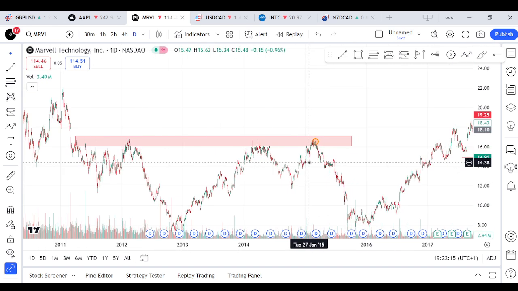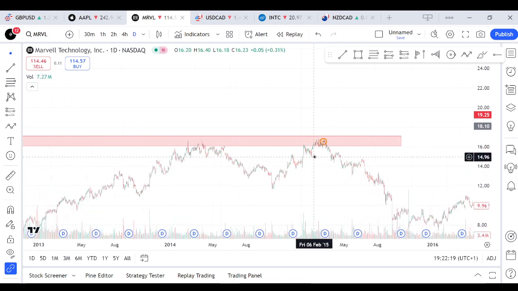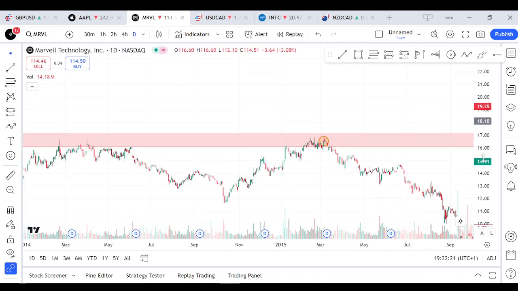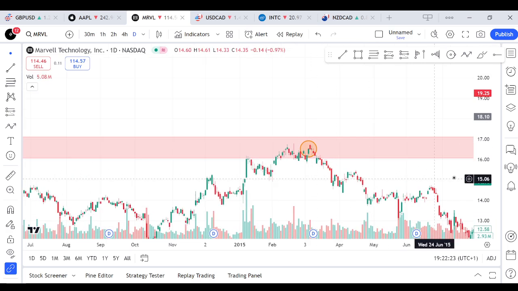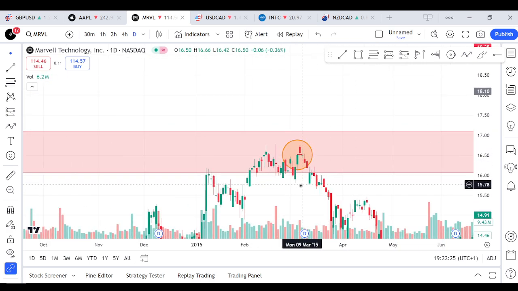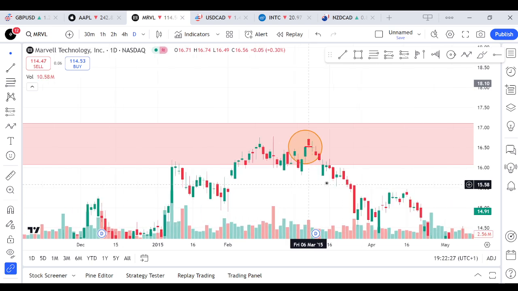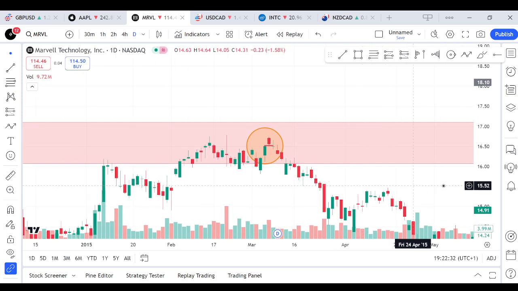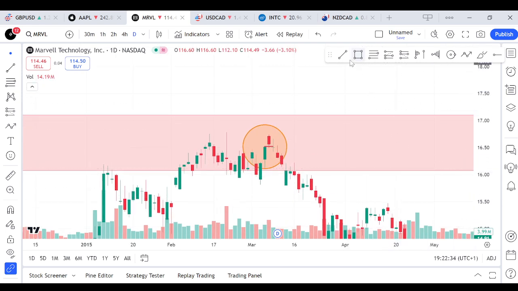So for this one, remember the first step is to spot support or resistance key levels. Then you should look for the counterattack candlestick pattern to form in these zones or key levels. So for this, we are looking at the bearish counterattack candlestick pattern, and we should wait for a close below this low.